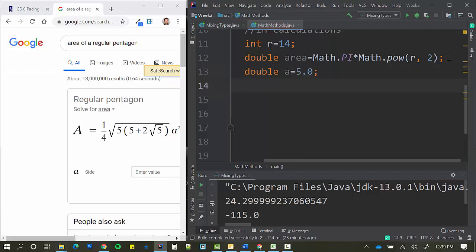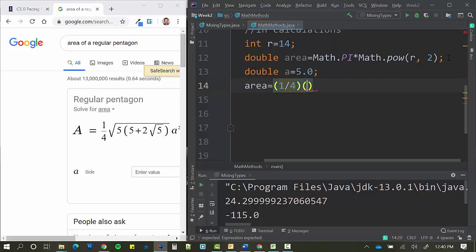And then I'm going to go area gets, now we've got 1/4. And I'm going to put this into parentheses just to make it clear in my statement here what's going on.